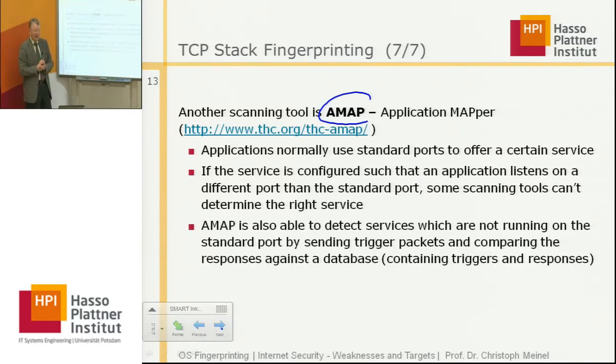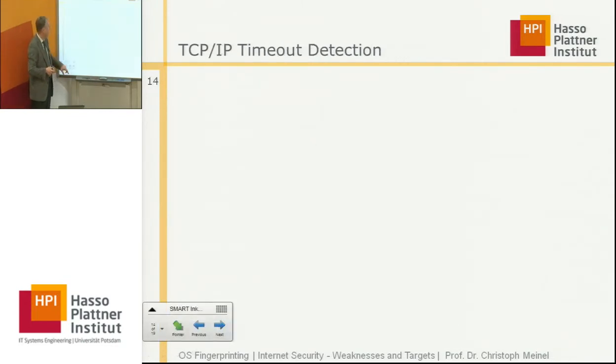So AMAP is a tool that's able to detect services even if they are provided in a hidden way on a non-standard port. The idea implemented by AMAP is that trigger packets are sent, and then the responses are compared against a database.